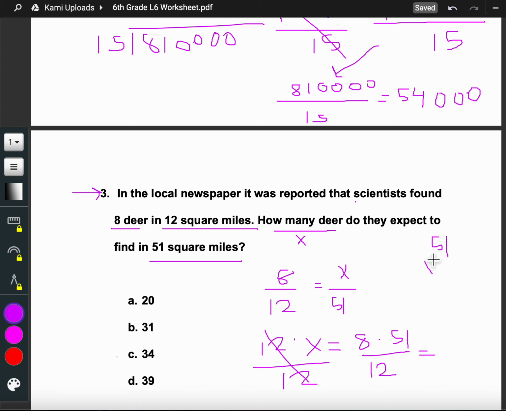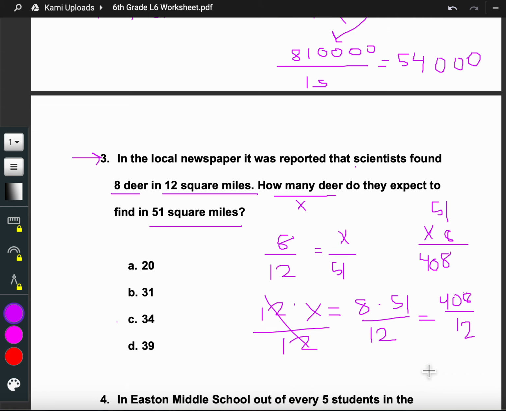51 times 8, we can always manually multiply because that only gives us more practice in multiplication. 408 divided by 12, and to find that out, we can manually just divide, because this is a little smaller number, so it's okay.